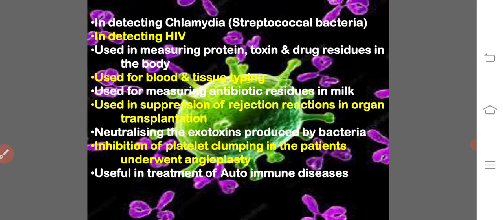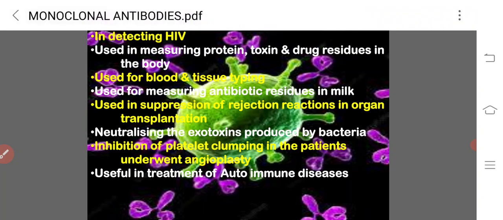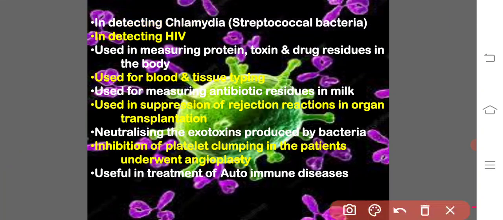Monoclonal antibodies are diagnostically useful in detecting chlamydia, a bacterial infection. Then they are useful in detecting HIV, which causes AIDS. They are useful in measuring protein, toxin and drug residues in the body.